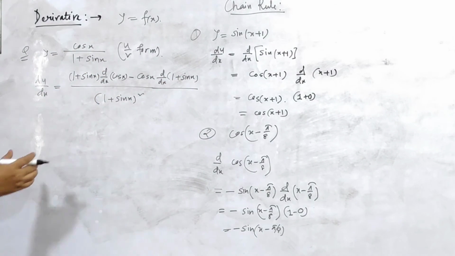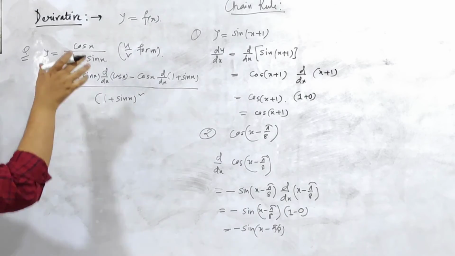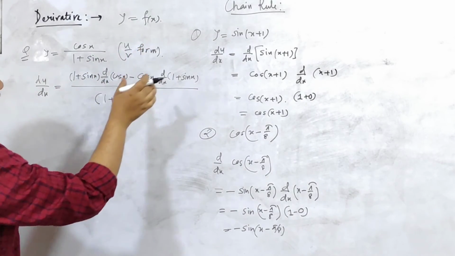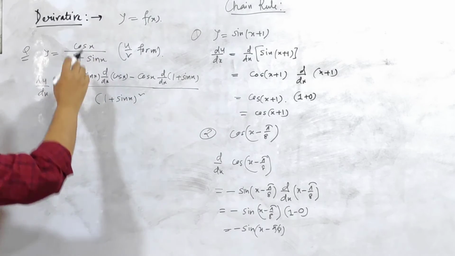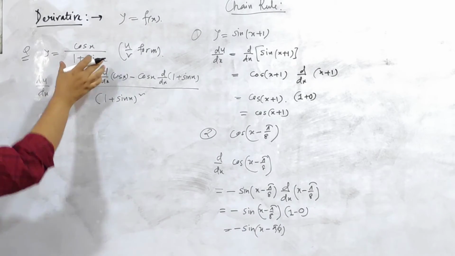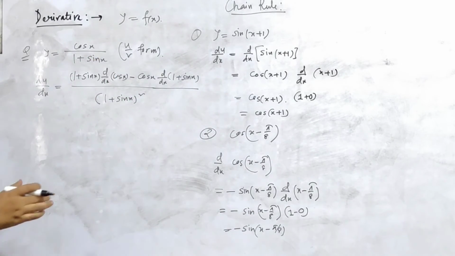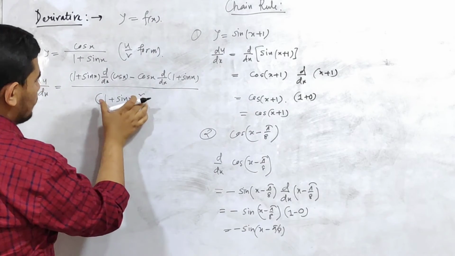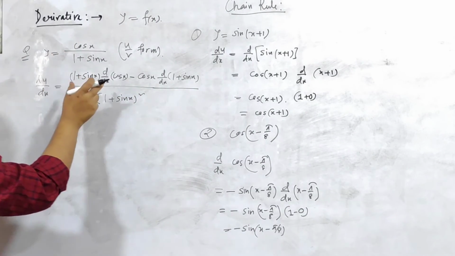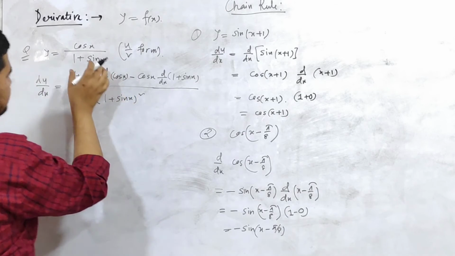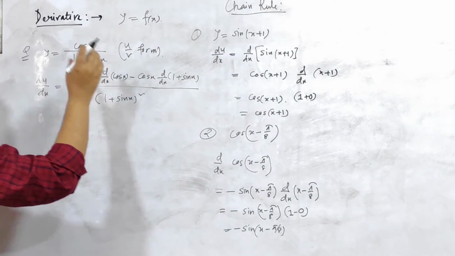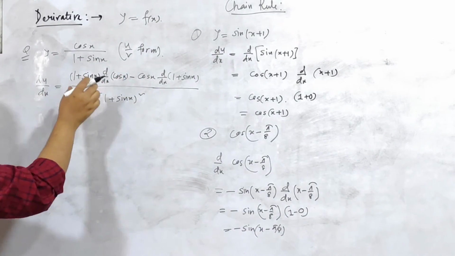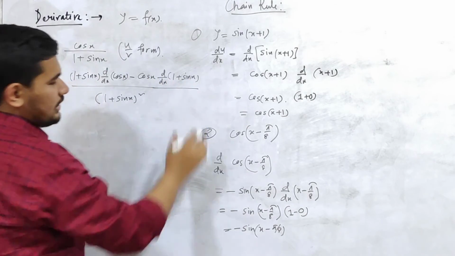So the basic rule is that whenever you have an expression in the u by v form, that is a fraction, you first square the term in the denominator, which is 1 plus sin x whole square. Then first you differentiate the term present in the numerator, that is cos of x. Then you differentiate 1 plus sin x.